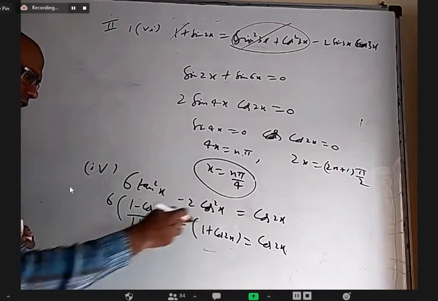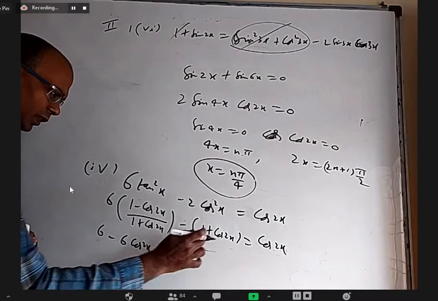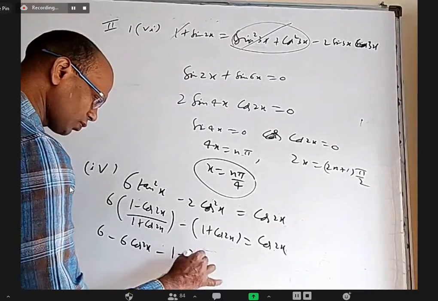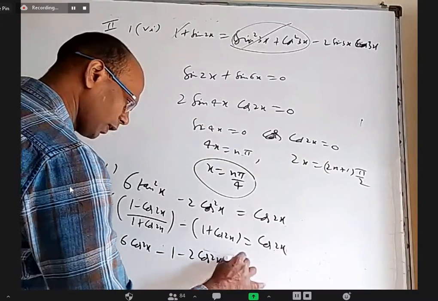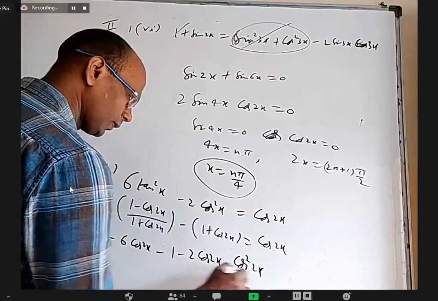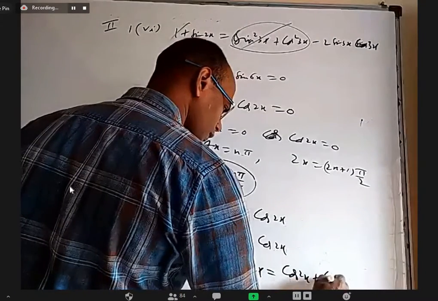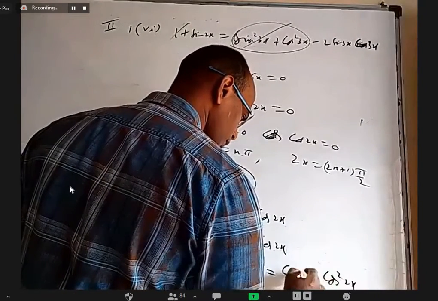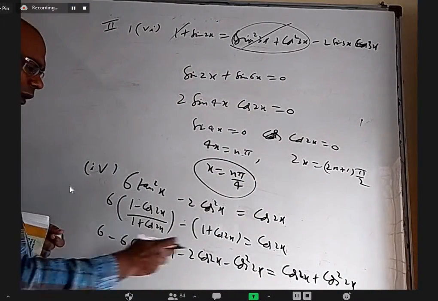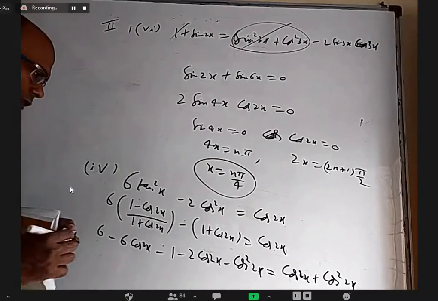So when I send this one there, 6 minus 6 cos 2x. This is (1 plus cos 2x) whole square, which is minus 1 minus 2 cos 2x minus cos square 2x. And here cos 2x plus cos square 2x. Of course, when you multiply, you should understand that should not be minus 1.